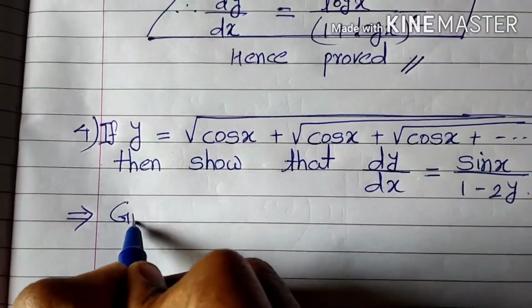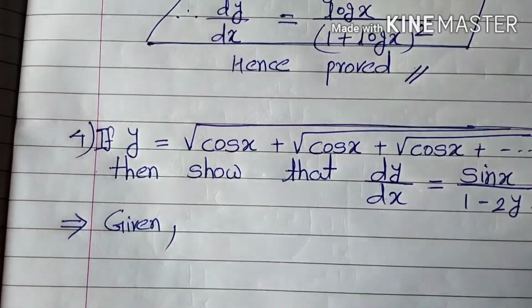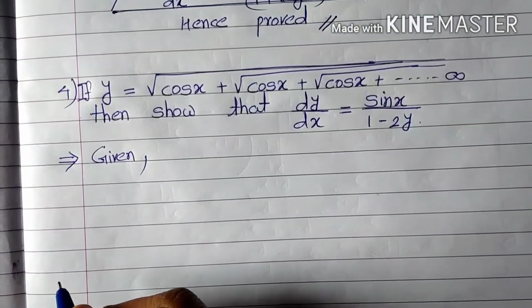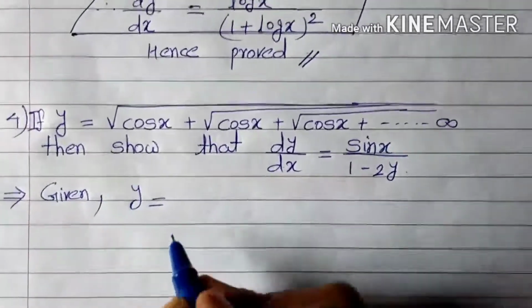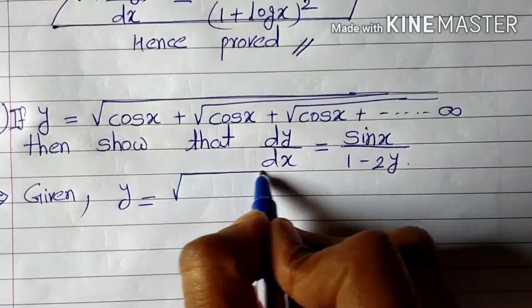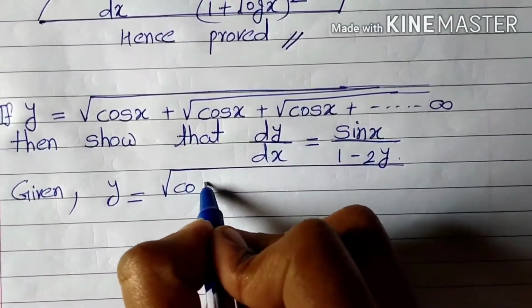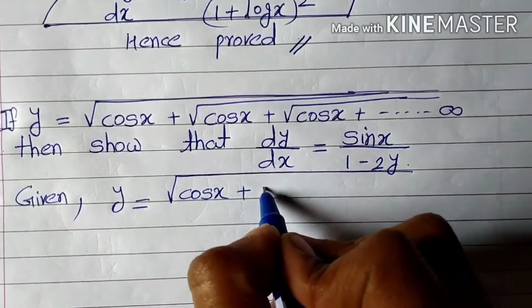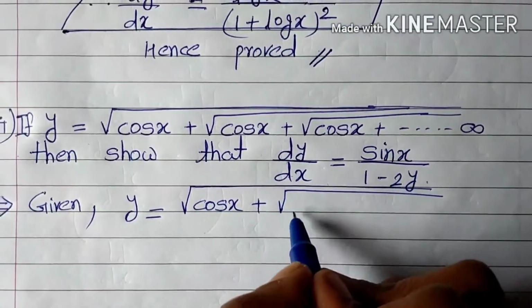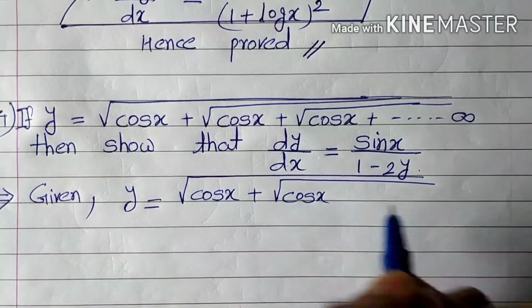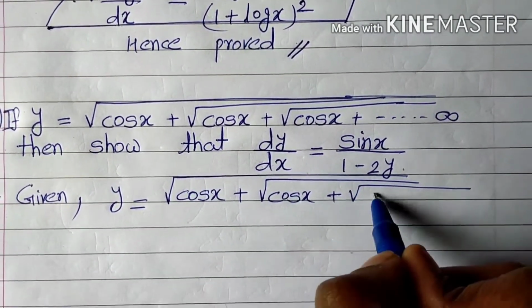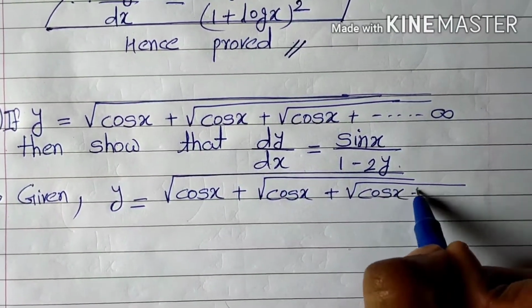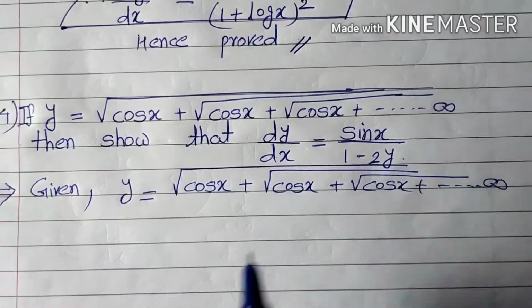So given y is equal to under root of cos x plus under root of cos x plus under root of cos x plus up to so on infinity.